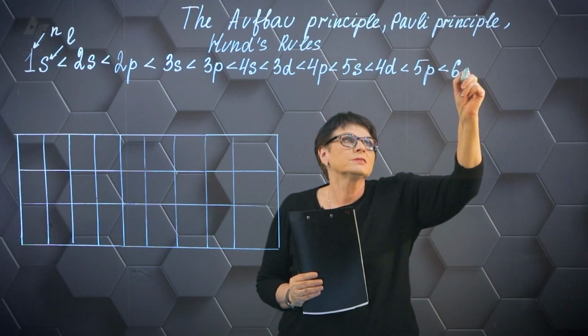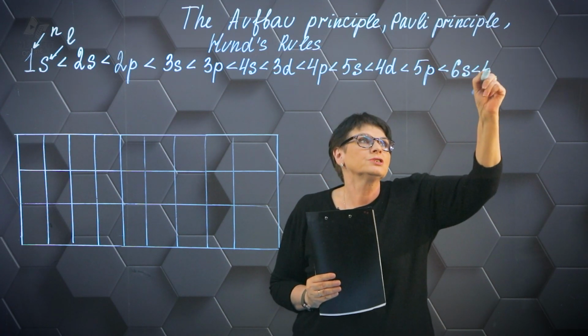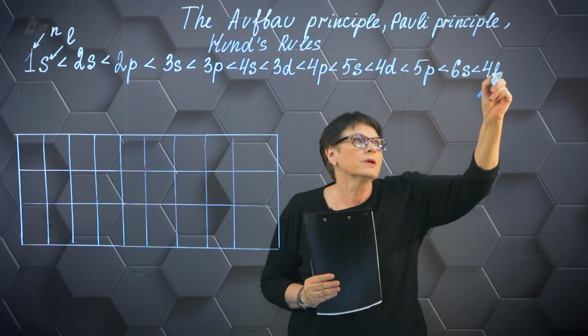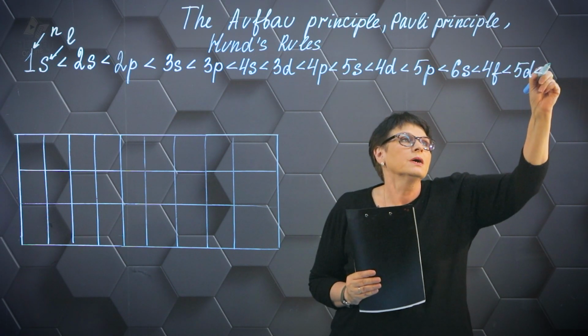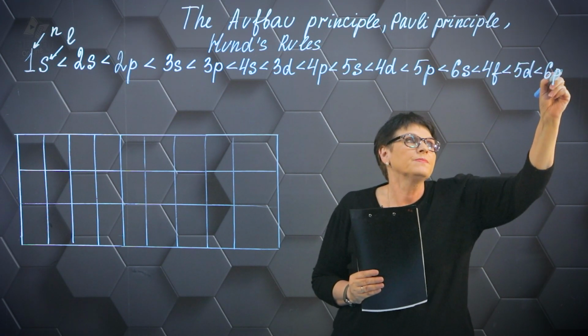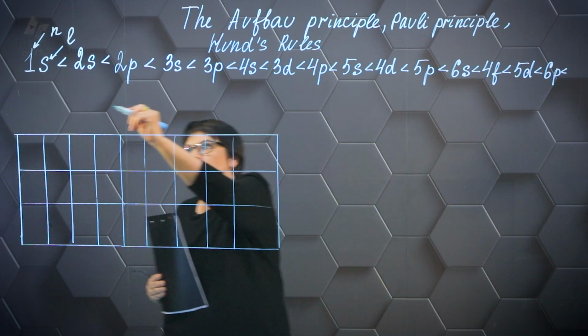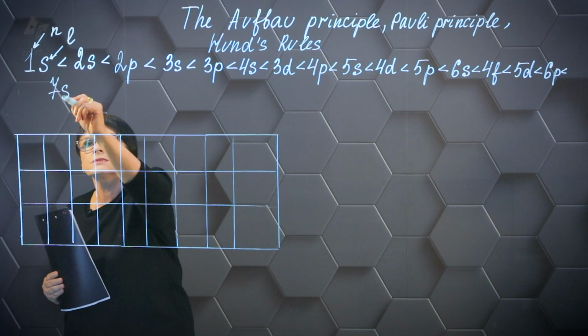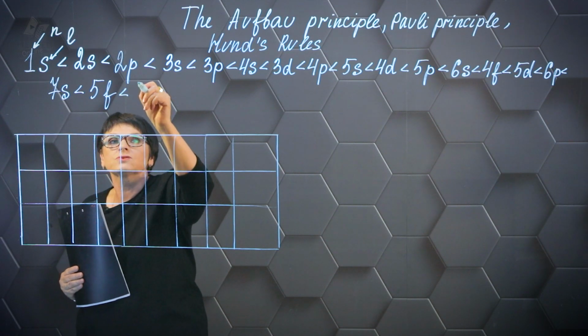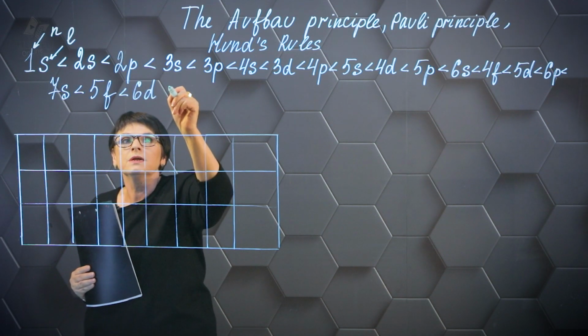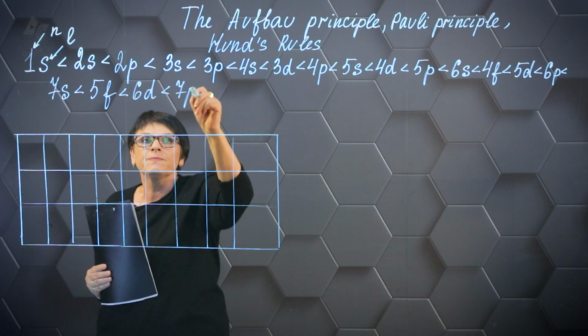Next goes 6S, 4F, then 5D, 6P. The next one goes 7S, 5F, followed by 6D, and 7P.